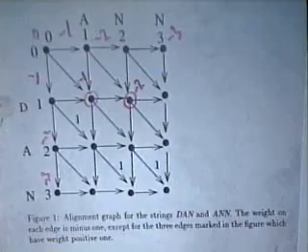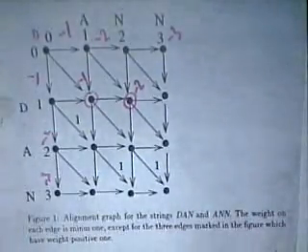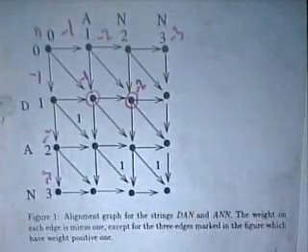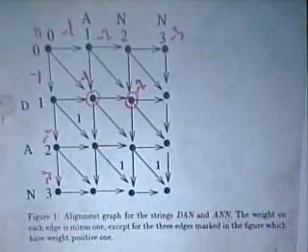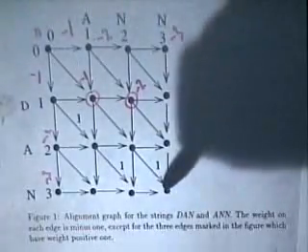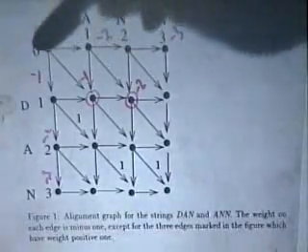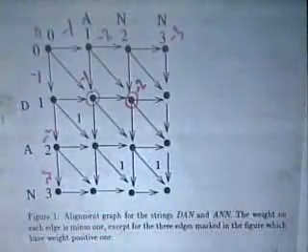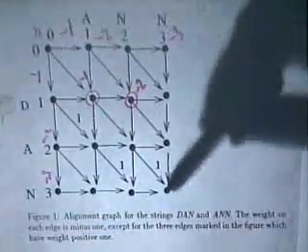Okay? And I started introducing this sort of procedure, which follows the following idea. I really want to compute the longest path from here to here, and the way I'll do it is by computing the longest path from here to each of the other nodes in this alignment graph, ultimately finding the longest path from here to here.